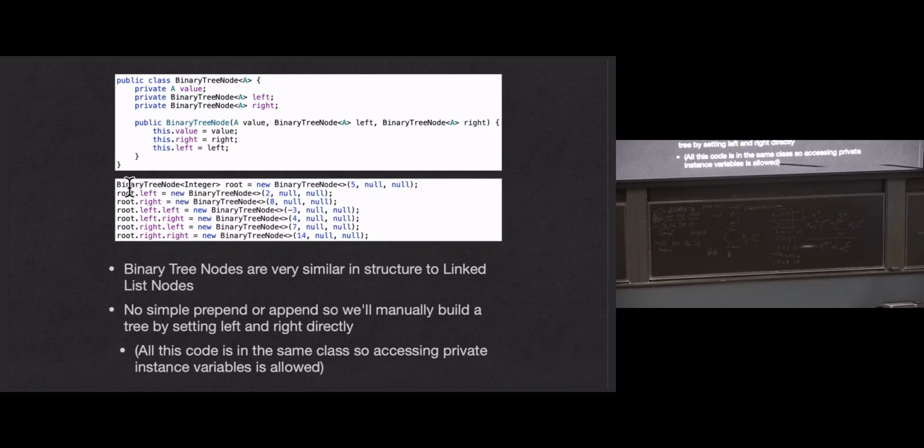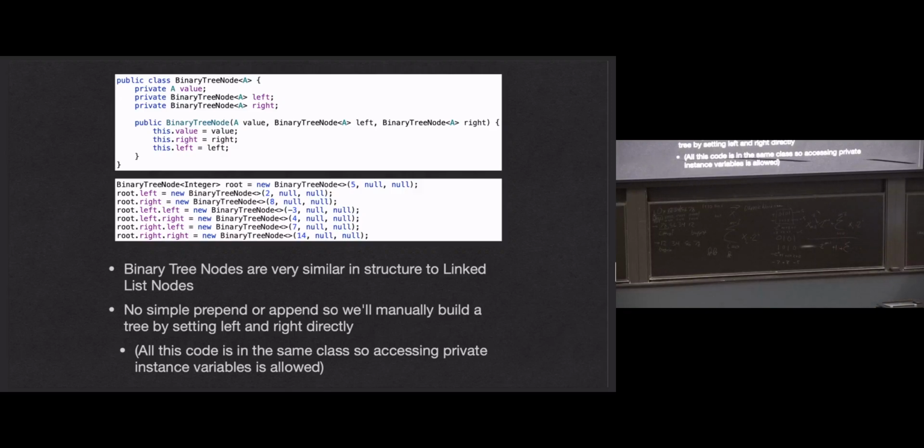It gets a bit different when we start actually working with the tree. So the structure of the tree is pretty much the same. When we work with the tree, we see a bit of difference here. With linked list, we had a prepend and an append method. We didn't really write the prepend method explicitly, but in our main methods, we would prepend to the linked list to be able to get those values, replacing the head of the linked list.